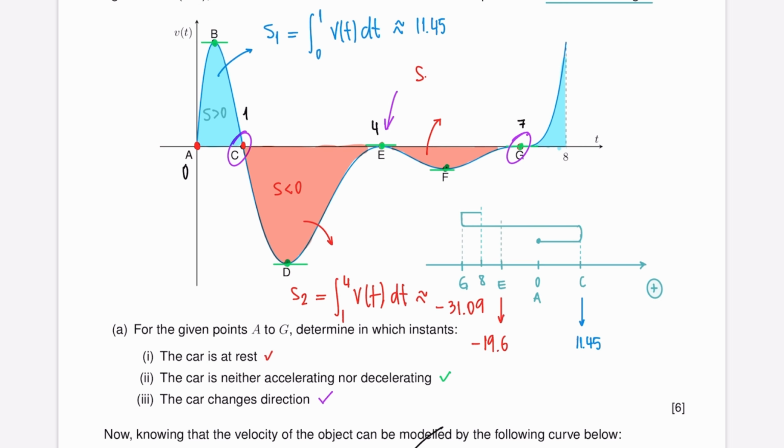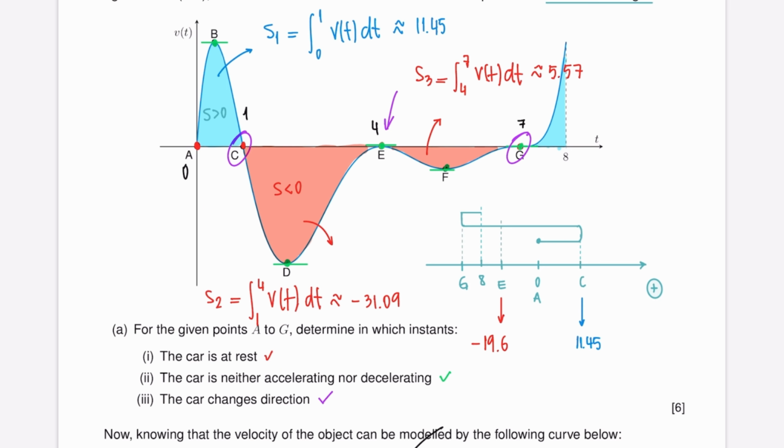If you want to indicate this as negative, you can as well. Now this area over here is approximately 5.57, meaning that we go an extra 5.57 to the left. So this is negative 25.2. And then we go a tiny bit to the right, more precisely 3.85 approximately, which means that when t is equal to 8, we're at negative 21.4 approximately.